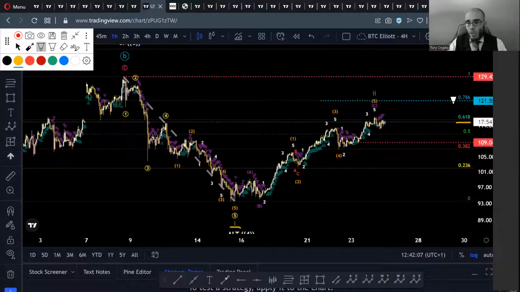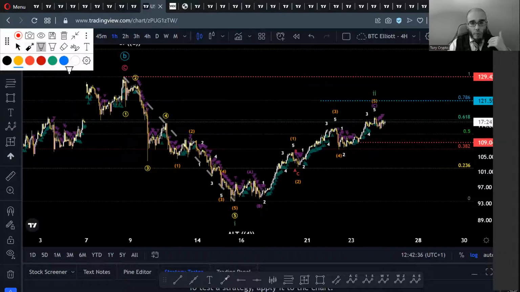And if we would go higher, we would go up to the 78% retracement of wave 1. Now, when you retrace that much in wave 2, it gets less likely that it actually is a wave 2. And if it is not a wave 2, then it could be the alternate count, which I tried to introduce at the beginning of this intervention. Then it could be the alternate count.